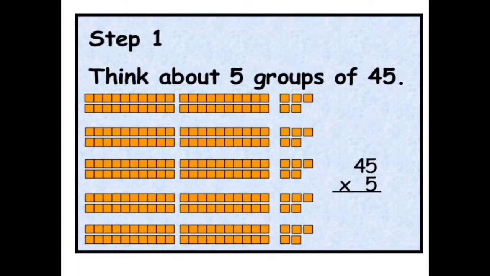One more example, okay? Think about 5 groups. 1, 2, 3, 4, 5. 5 groups of 45. So the same process, once again we start our calculation from which place? Correct, ones place.